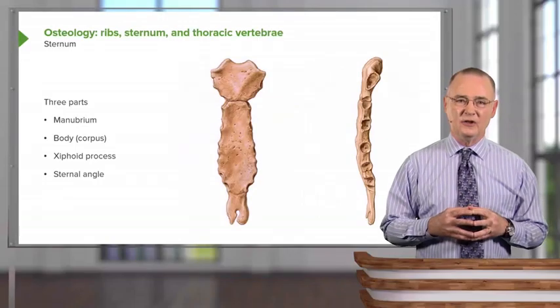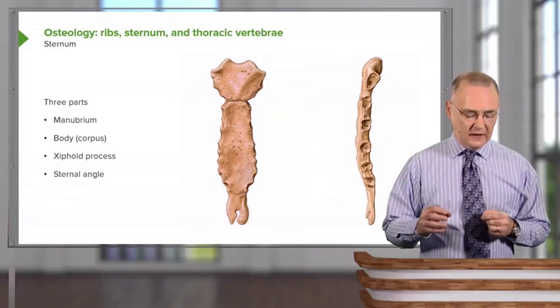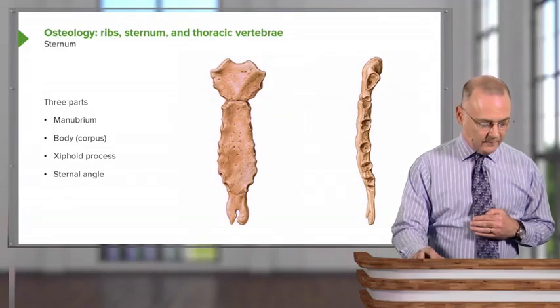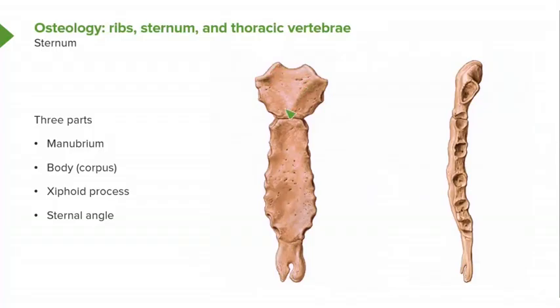It will lie in the anterior midline. The sternum has three parts to it. We have a manubrium, and then the superior portion that we see here notched within the manubrium is the jugular notch. And then we have clavicular articulations here, so the clavicle on each side articulates at this particular point.